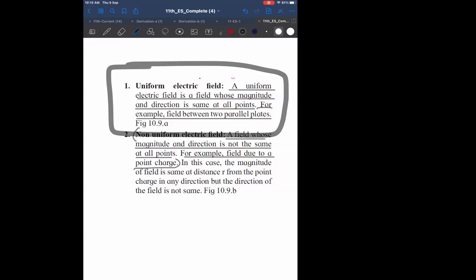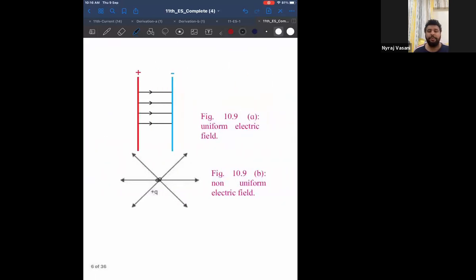Written, what is uniform electric field? Now below that, you have to draw the diagram of uniform electric field.